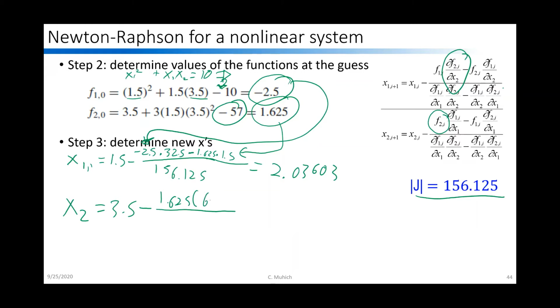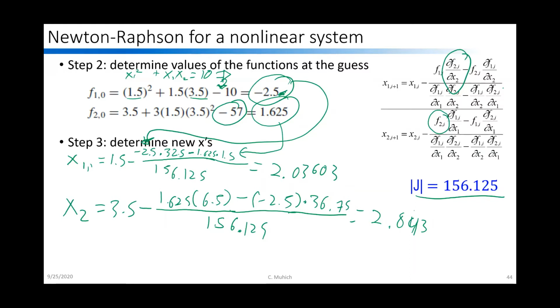If you remember from the previous slide, that was 6.5, minus the function value of f1, well, from up here, that's 2.5 times the derivative of f2 with respect to x1. From the previous slide, that was 36.75, all over my Jacobian value of 156.125, giving us a value of 2.843.